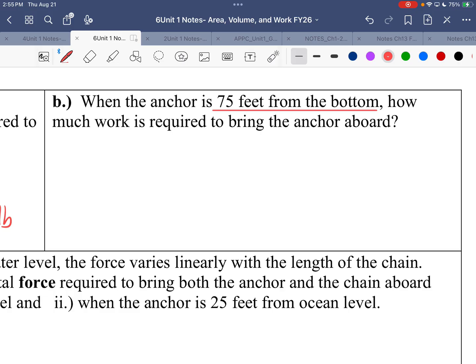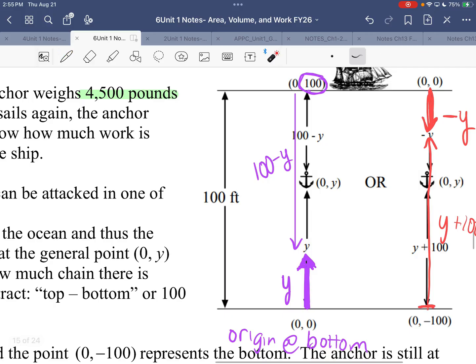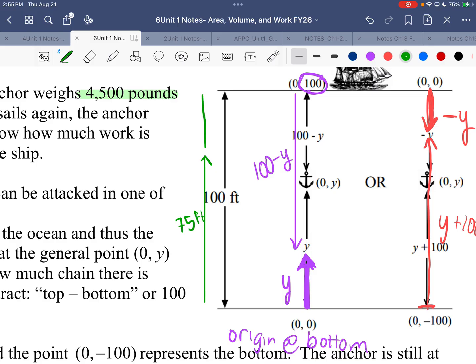So 45, what the heck, 75 feet from the bottom. Let's look at our chart over here. Maybe I'll actually draw it. 75 feet from the bottom. How much chain is actually left hanging down? 25 feet of chain. 100 minus 75.